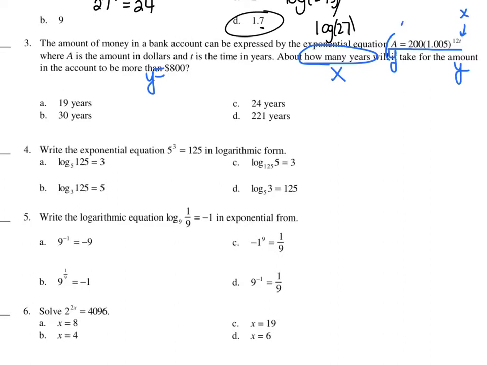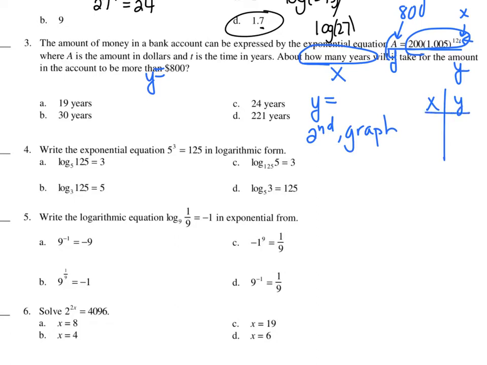Well, we could plug 800 in for the amount and solve for x up here, or t, but we'd have to use a whole bunch of log properties. So a more direct way to solve this would be to go to y equals on the calculator, type the equation in, making sure to use an x for the t, and then press second graph, and you'll be able to scroll through all the x and all the y values, and all you're looking for is when y is 800.